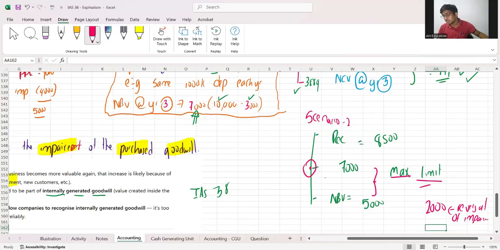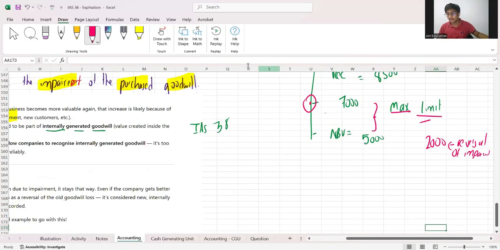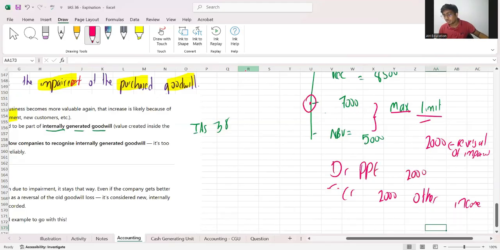The double entry of that would be debit and credit. Since a reversal is an income, you'll be showing it under other income. And you will be debiting your property, plant, and equipment of 2,000.